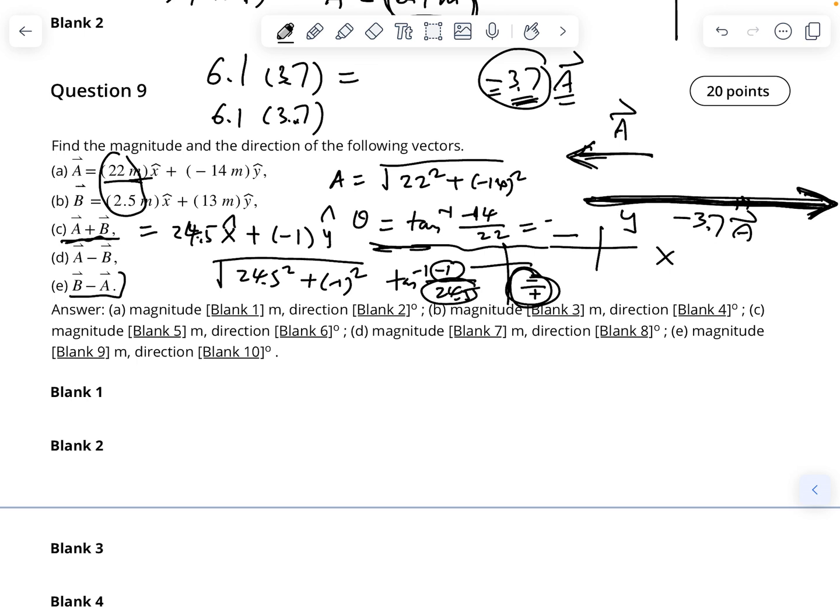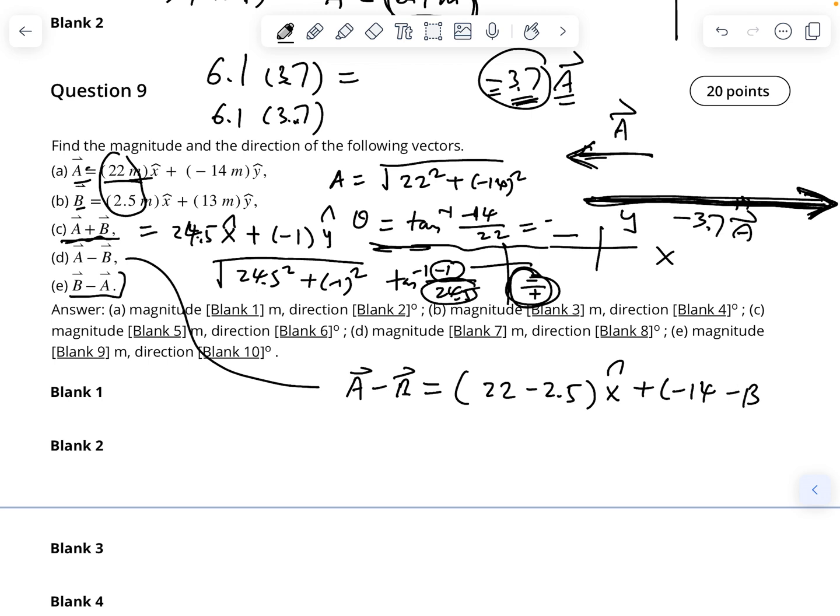Let's see one more. What is A minus B? A minus B equals 22 minus 2.5 x plus negative 14 minus 13 y. So this is 19.5 x minus 27 y.